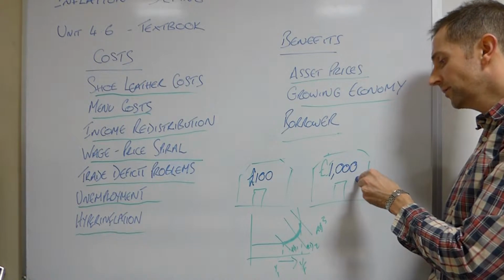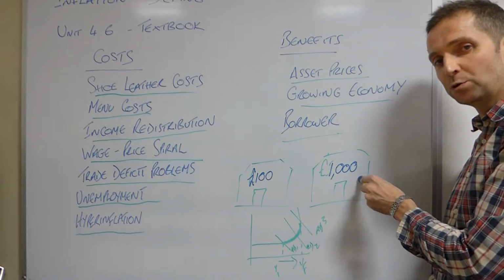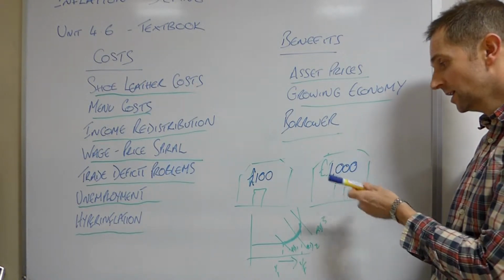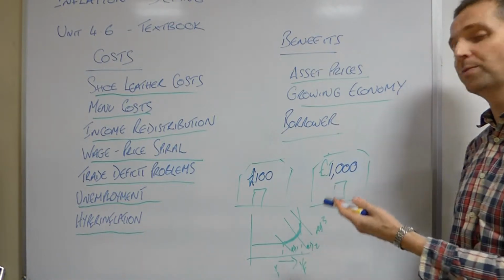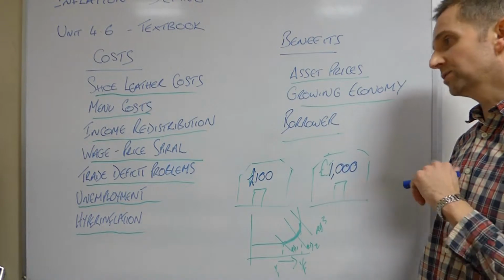Now £100 over here is only 10% of £1,000. So your mortgage is then only 10% of the asset price. So in that respect, for you as the borrower, inflation's a good thing.